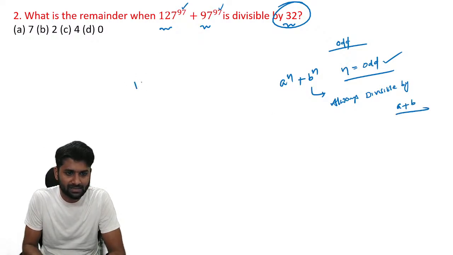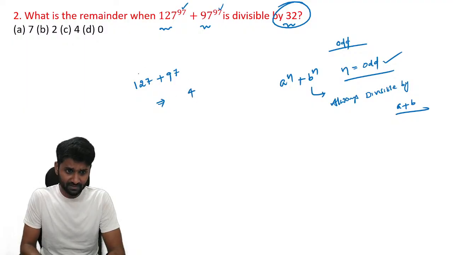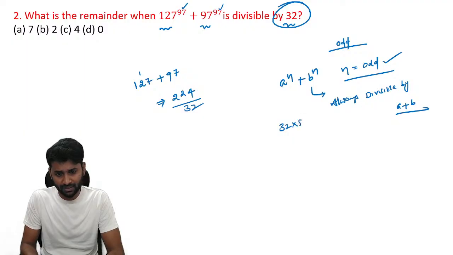Let us consider this condition. 127 plus 97. Go through the further calculation. So 224. Now check with 32. 224 divided by 32: 32 into 8, 8 into 2 is 16, 8 into 3 is 24. So let us go for 7 times. 7 2s are 14, 7 3s are 21, plus 2 is 224.